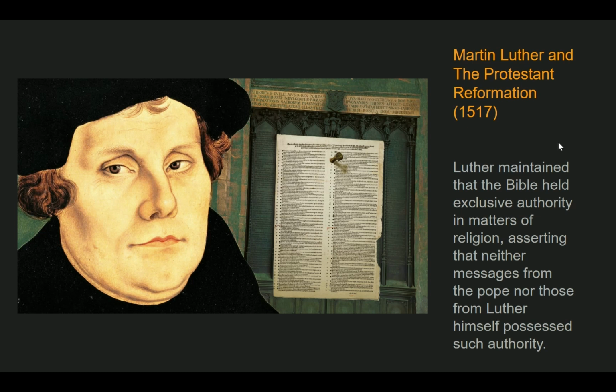And so there's this argument that the Bible had authority in matters of religion, not the Pope, not these human leaders, and that these messages by these church authorities are not genuinely what the Bible is trying to communicate.